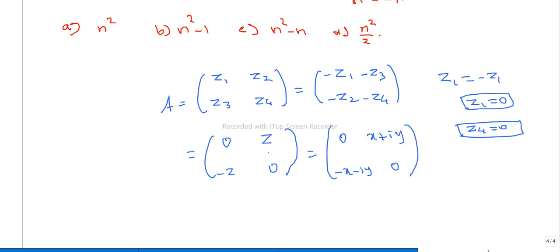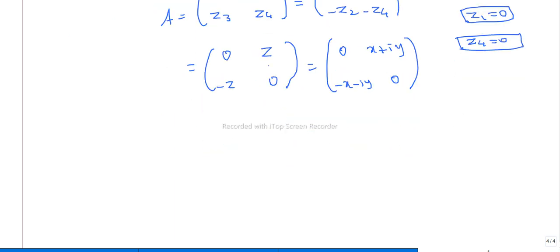Now this is a vector space over R, therefore the scalars come from R. So we can rewrite these matrices as a sum of matrices. Taking X outside, we have 0 1, minus 1 0. Taking Y outside, we have 0 i, minus i 0.